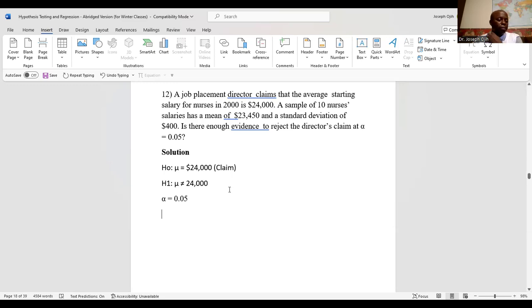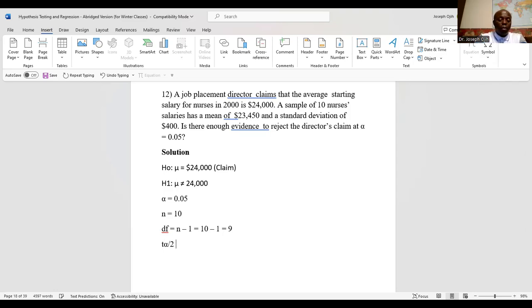To find the critical value, we need to find our n and the degrees of freedom. n equals 10 nurses selected. So degrees of freedom, df, equals n minus 1, which means 10 minus 1, which gives us 9. Now we can get the critical value. Instead of z alpha over 2, we're going to use t alpha over 2.